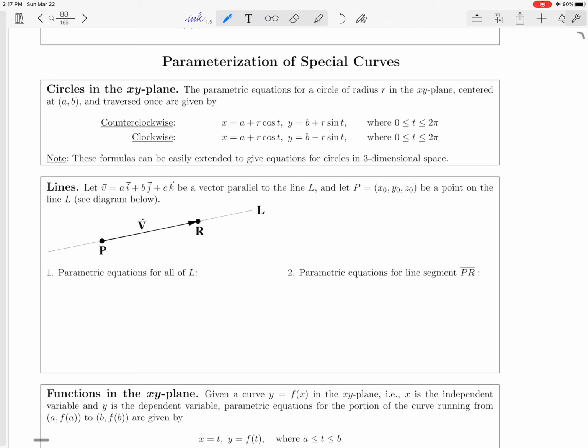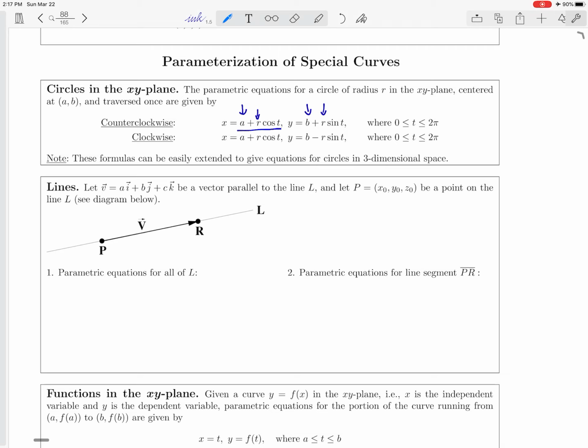But if you're just looking at a circle in 2 dimensions, we give the x coordinate as a plus r cosine t, y equals b plus r sine t. So again, this circle is centered at a comma b, and it has radius r.